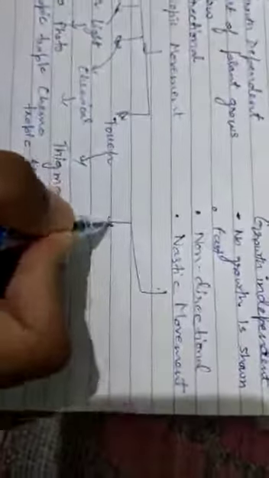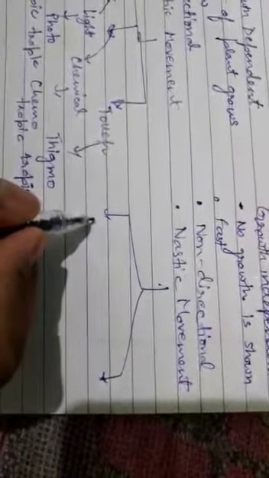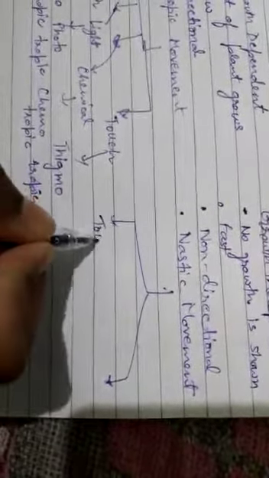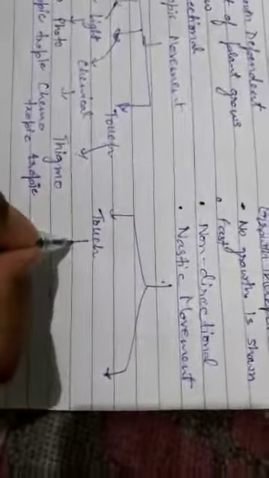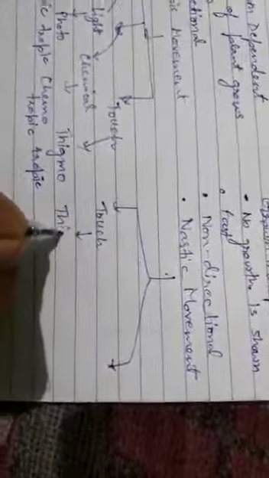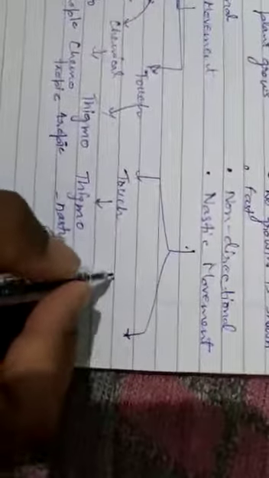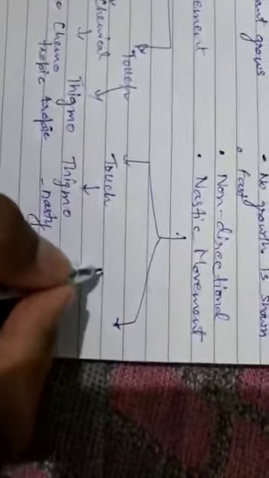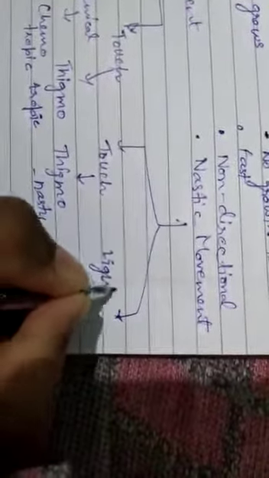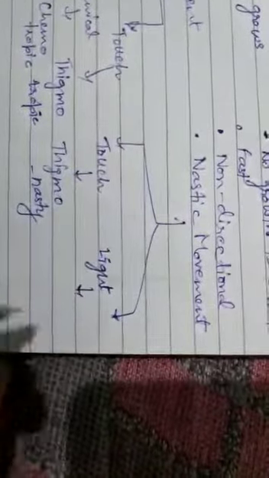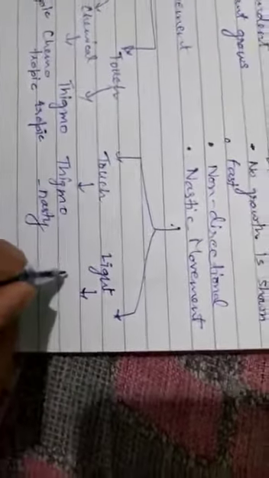Nastic movements can basically be classified on the basis of touch. If it is touch dependent, we say it is thigmonasty. If it is not touch dependent but depends on something else, mostly light, we can say light is also a stimulus for nastic movements, like day and night.